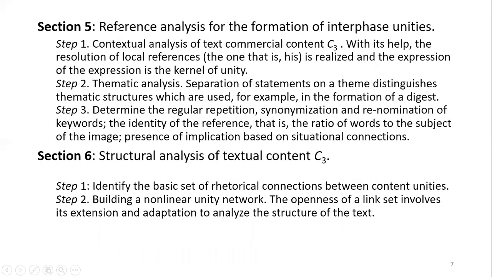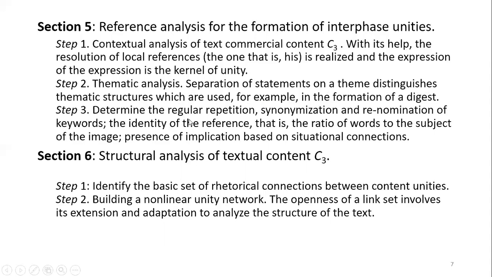In section 5, we make reference analysis for the formation of interface unities. We make contextual analysis of the commercial content in C3. We resolve local references. We make thematic analysis. We distinguish semantic structures and typical sentences, for example.